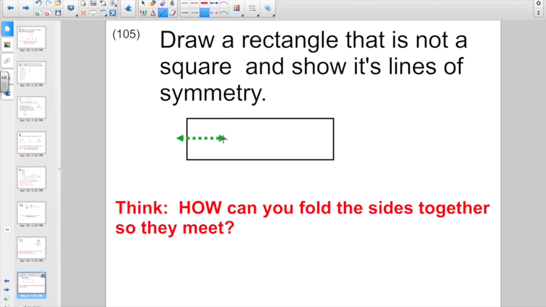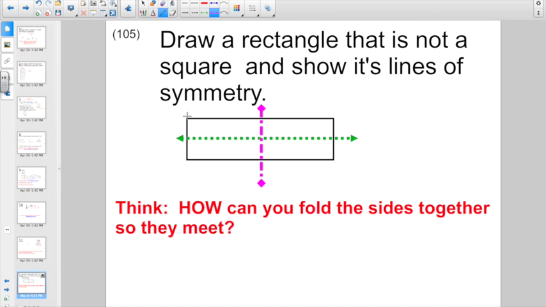I could actually fold it across horizontally, right? I could actually fold these 2 sides together and they would meet up. I could also fold it vertically this way, right? If I folded it across, these 2 sides would meet up.